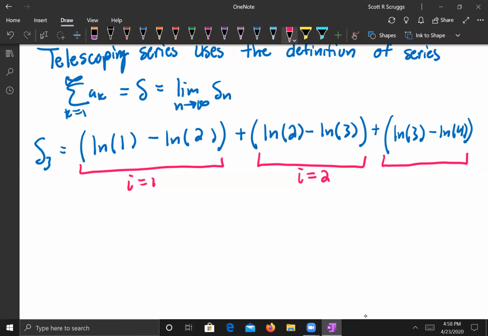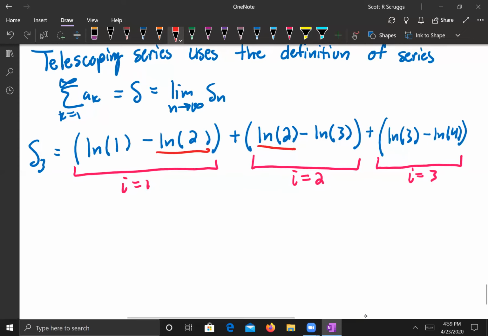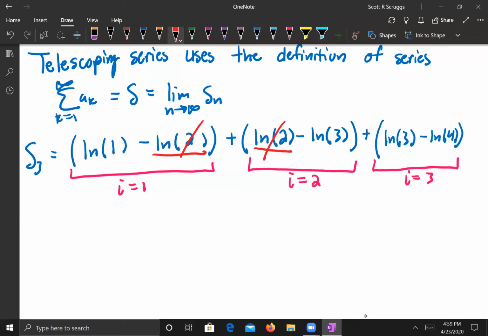And here I can begin to see some cancellation. I have a minus natural log of 2 and a plus natural log of 2, so those are gone.